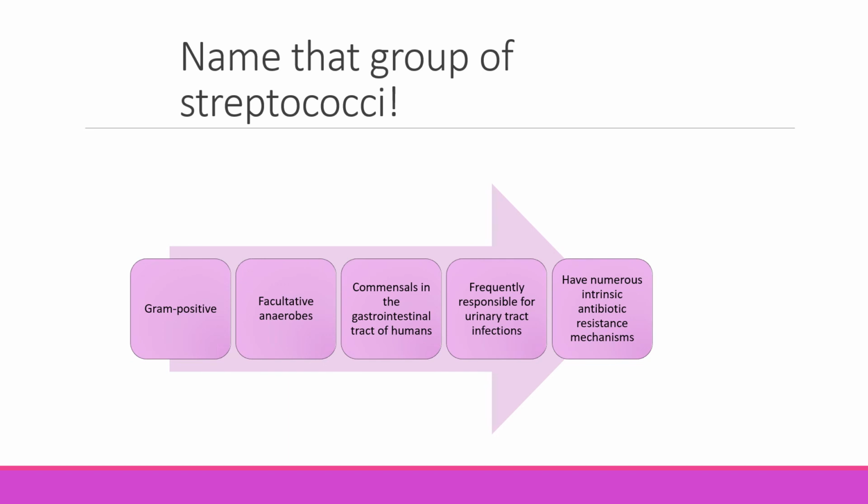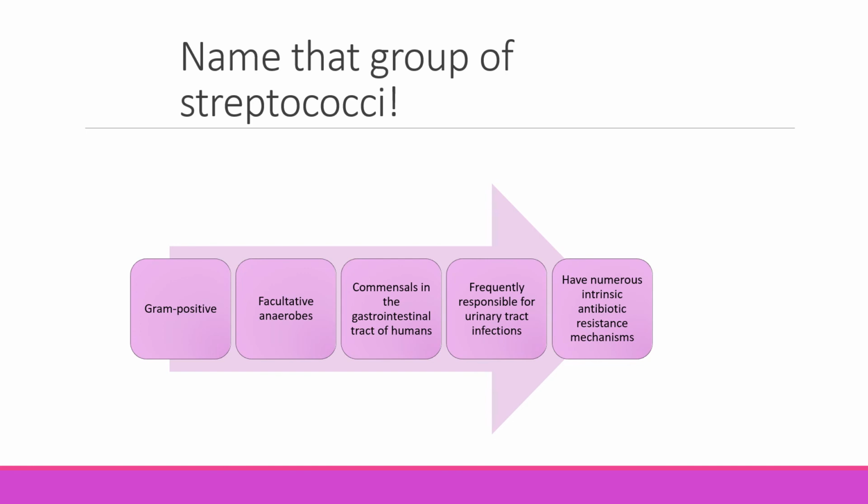The scary thing about these is that they have numerous intrinsic antibiotic resistance mechanisms, and they are really, really good at acquiring new resistance genes or mutations via conjugation. And the faecium strain is responsible for the majority of VRE infections, or vancomycin-resistant strains, and they are a serious class of healthcare associated infections.